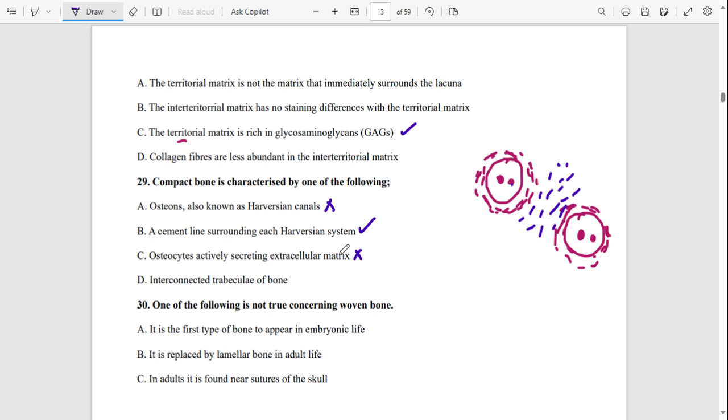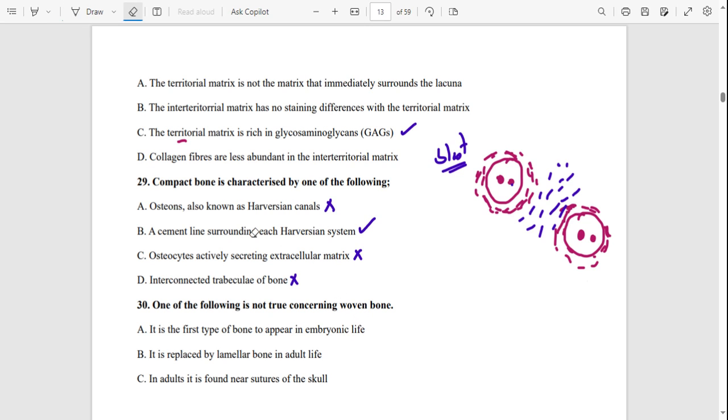Or if you are not talking about fibroblasts, at least those cells ending with blast are the ones which secrete, like chondroblast, osteoblast, not the cytes. So osteoblast, not osteocytes. And then interconnected trabeculae of bone: compact bone is characterized by interconnected trabeculae of bone. This is not true. Trabeculae are not found in compact bone.